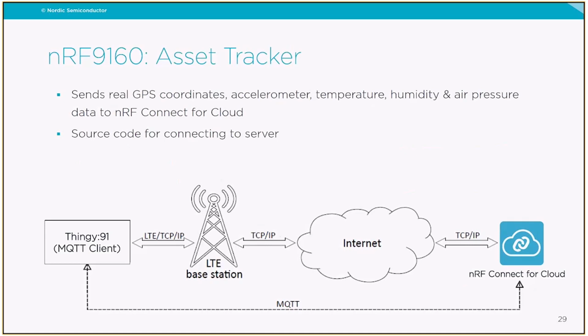And then you repeat that process. You go back into a power saving mode, which lets the GPS run for a bit, and then you turn on the LTE link again and send all the rest of your data too. And of course, the source code is available for connecting to the server, and you can also see all of the data in the nRF Connect for Cloud.